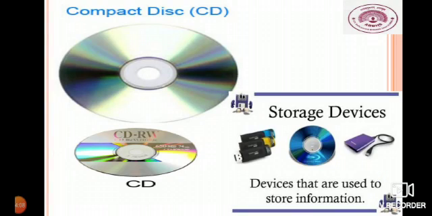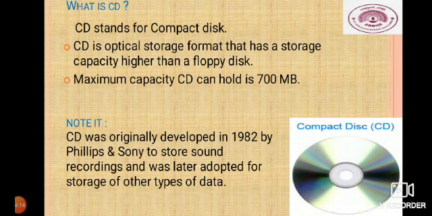Now let us move on to the second storage device, that is the CD. CD stands for compact disc. In an optical disc, instead of magnetic material or plastic, the data is encoded into thin aluminium layers created on a polycarbonate disc.